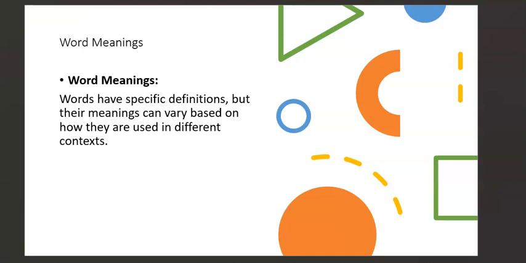So you'll be asking me, what read do you mean, or in what context should I explain this word to you? So that is the word meaning. You're giving the definition of a specific word, and this meaning can vary depending on the context, and I think I've given a good example on that.